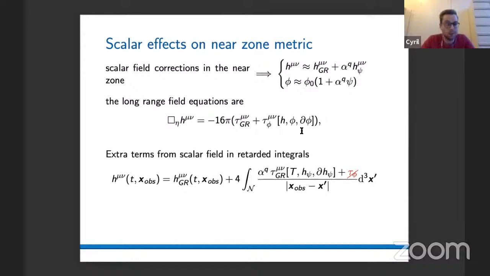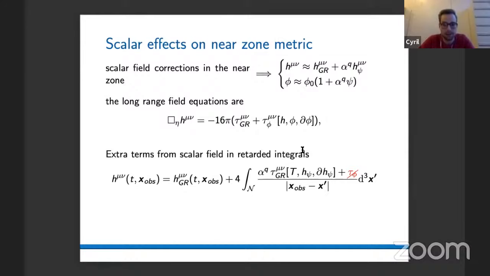But in this case, we don't need to, because the scalar field and its derivative always appear squared also. And so instead of having a contribution at the order alpha to the power q, you get something at the order alpha to the power q squared. And so it's negligible compared to this correction. So I actually don't need to calculate the integral of this term.